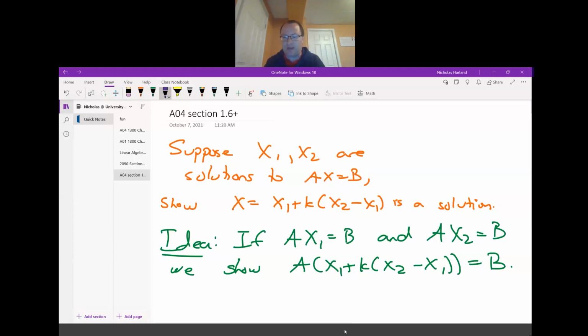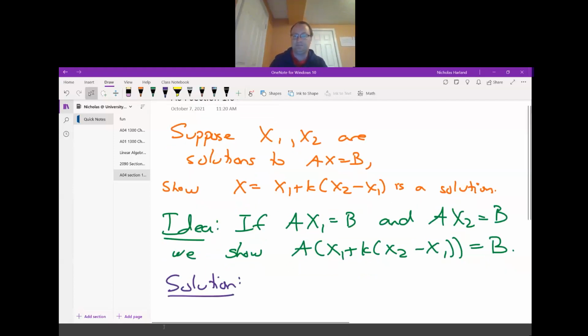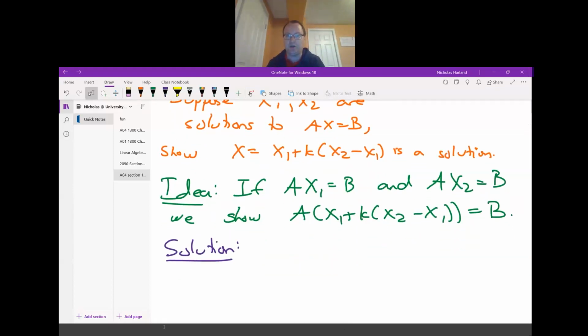So how do we do that? How do we show this expression right here? We want to show the left-hand side and the right-hand side are equal.